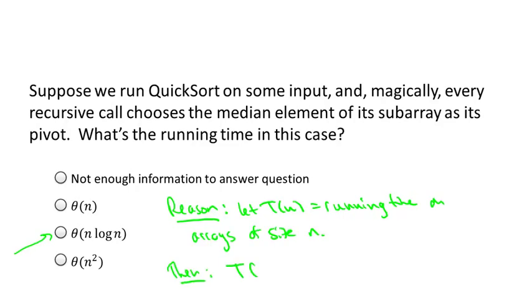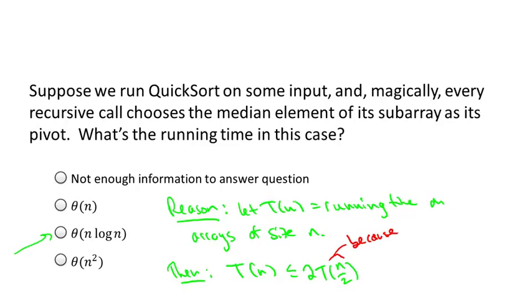Now, by assumption, we wind up picking the median as the pivot. So there's going to be two recursive calls, each of which will be on an input of size at most n over 2. And we can write this because the pivot equals the median. So this is not true for quicksort in general. It's only true in this magical case where the pivot is the median.